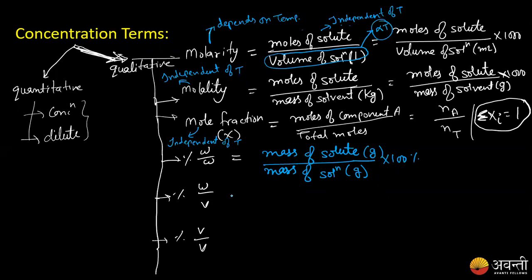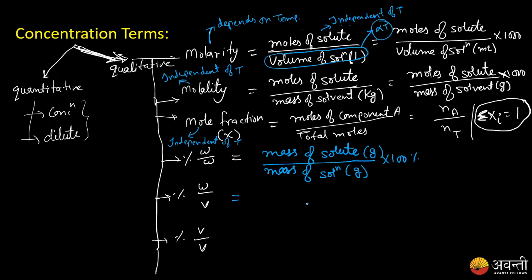Then coming to the percentage weight by volume, it's what percentage of mass a solute has in our solution. Now this time the solution will have volume. In 100 ml of solution, how much amount of solute is present?